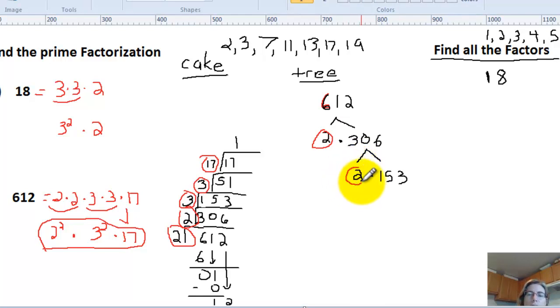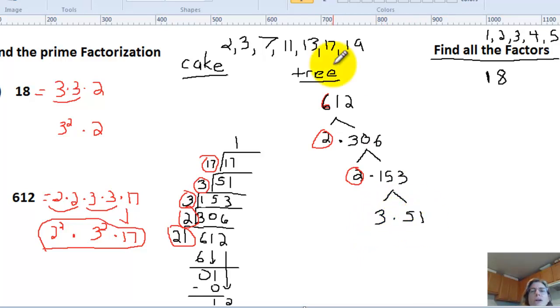We already know what the prime factorization is turning out to be, but I'm going to go through this. So 153, we have learned, because 1 plus 5 plus 3 is 9, that 3 times 51.